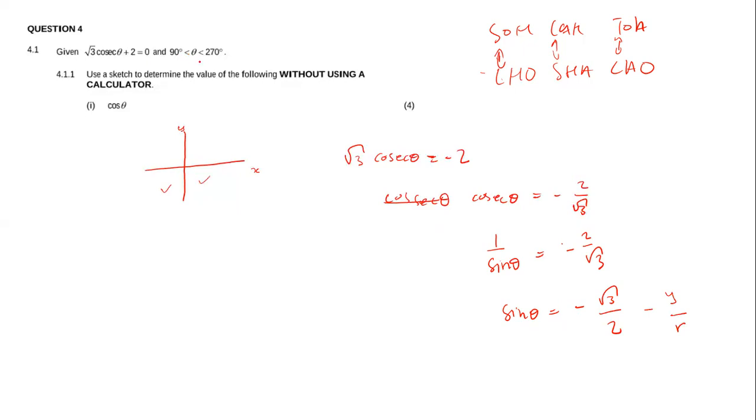But this information is the final information that's going to tell us which quadrant to pick. They say to us theta is supposed to be between 90 degrees and 270 degrees. So that means our theta is supposed to be between these two quadrants. So the quadrant that we're going to utilize is this quadrant. That means this one fails because theta doesn't fall within this interval.